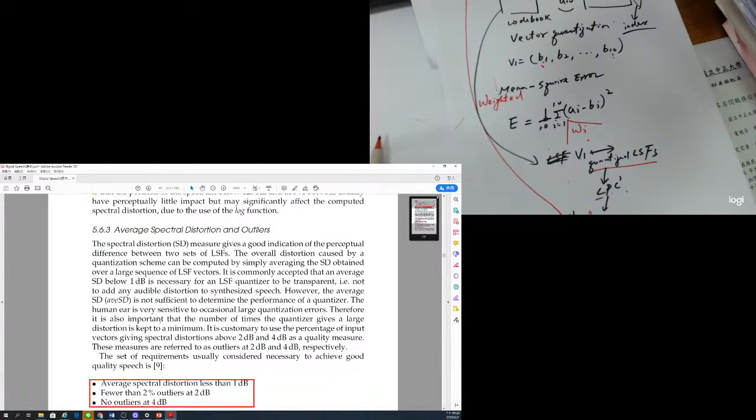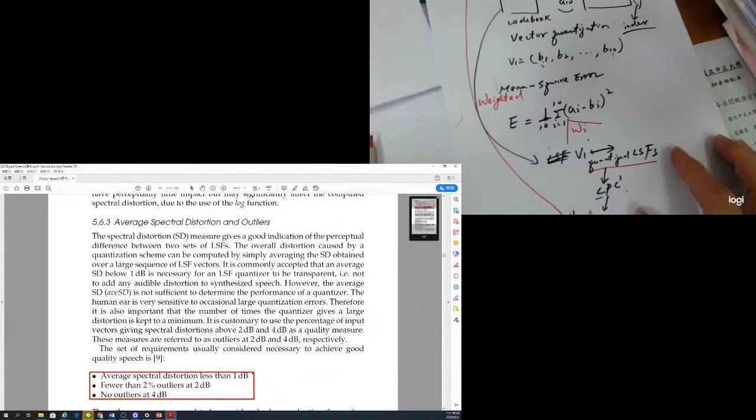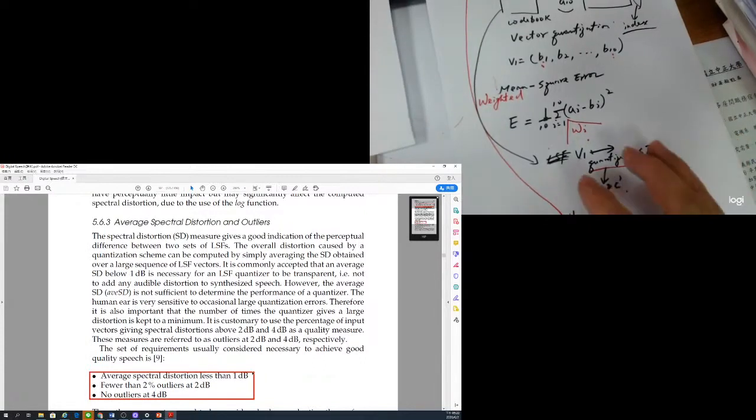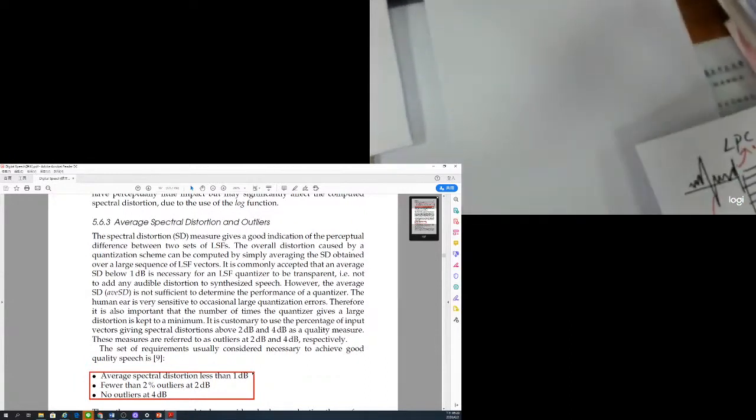In speech processing, we try to see your performance. Sometimes you have to know that average spectrum distortion should be less than 1 dB, that the percentage of outliers at 2 dB should be lower, and that there should be no outliers at 4 dB.